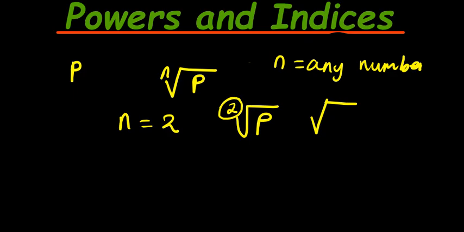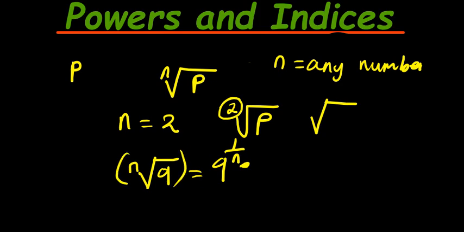One thing you have to understand again is that the root of a number, let's say 9, can also be represented by 9 to the power 1 over n, where n becomes the root and 1 becomes the power.